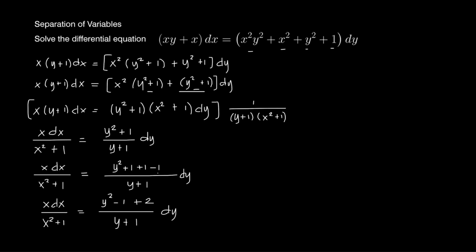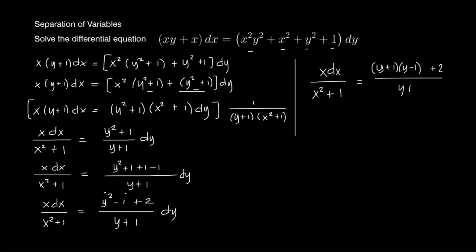So x dx over x squared plus 1 equals, the first two terms here are actually the same as (y + 1)(y - 1), then plus 2 over y plus 1, times dy.